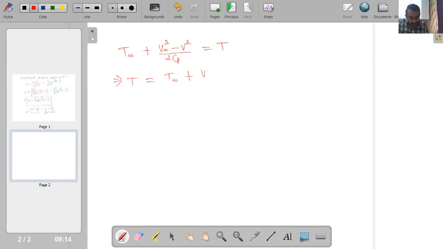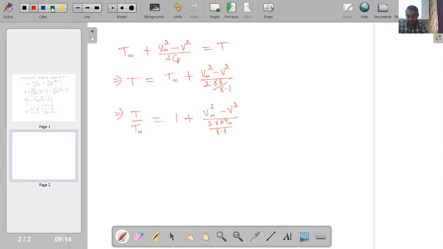Now it is also known that Cp is equal to gamma R by gamma minus 1. Now let's divide this equation throughout by T infinity. So I get T by T infinity equal to 1 plus V infinity square minus V square upon 2 gamma R T infinity divided by gamma minus 1.